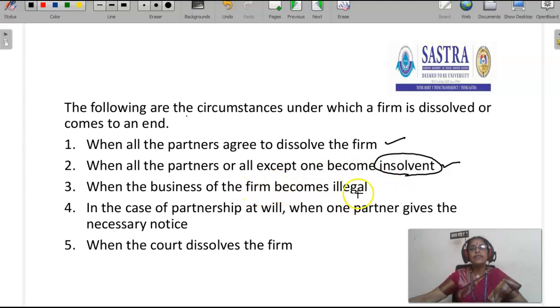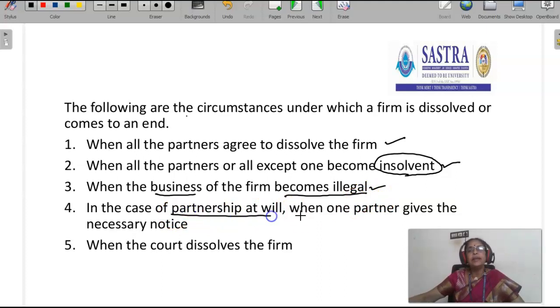When the business of the firm suddenly becomes illegal due to some new government rule, they are not supposed to do the illegal business, so naturally the partnership firm comes to an end.